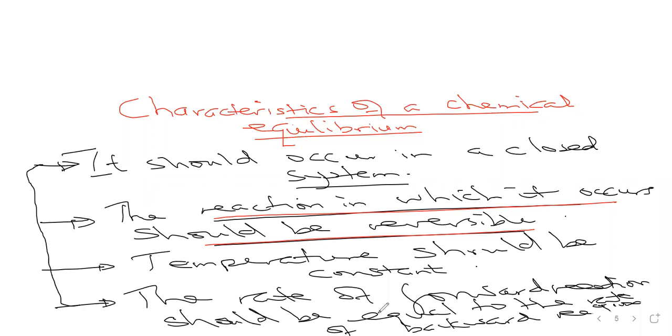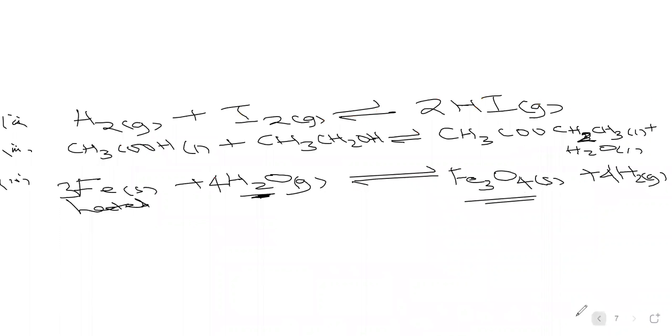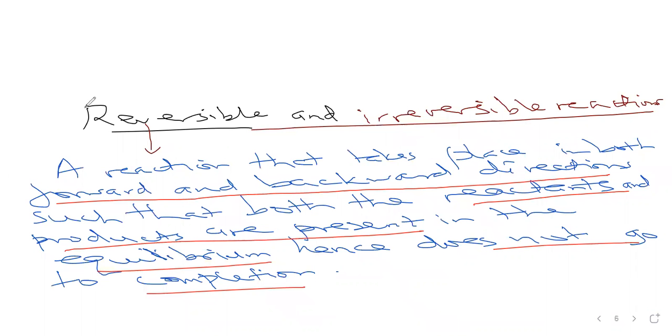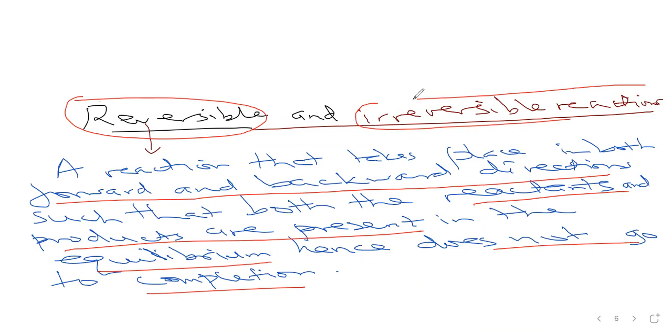Hope I can proceed. We can have what we call a reversible reaction, but that does not mean there are no irreversible reactions. They are the most common ones: those reactions which go to completion. So if I want to define a reversible reaction, what shall I say?